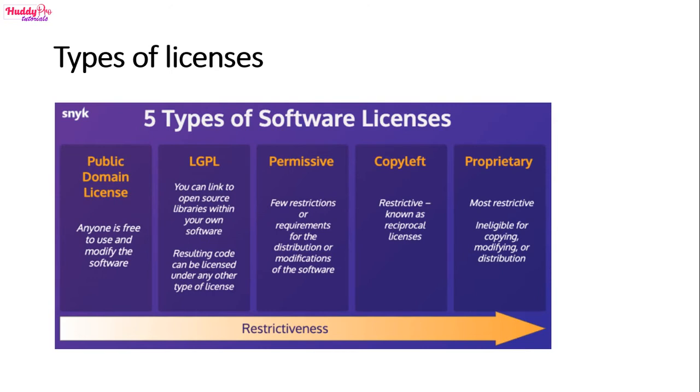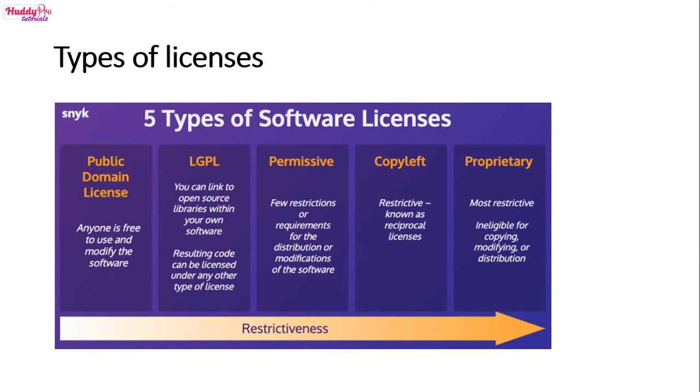Then you have the LGPL. Now LGPL stands for Lesser General Public License. We have what we call the General Public License, GPL, but this one is Lesser General Public License. What does this mean?